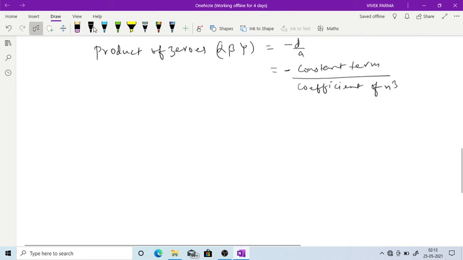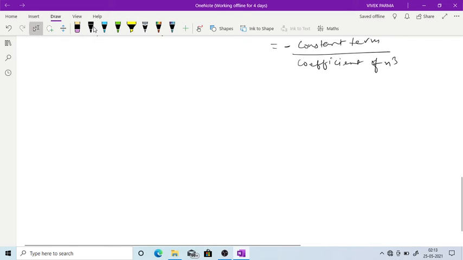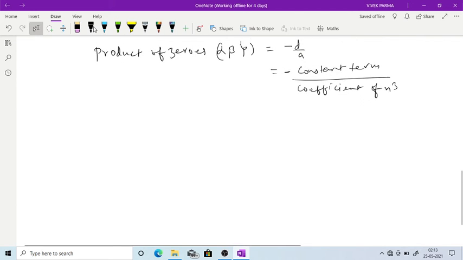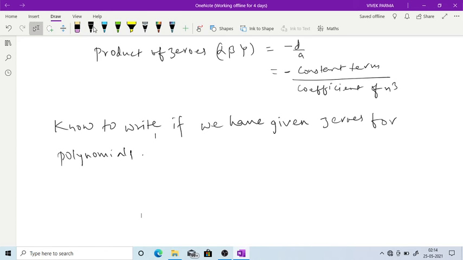And further we will discuss how to write the quadratic and cubic polynomials if we are given their zeros.